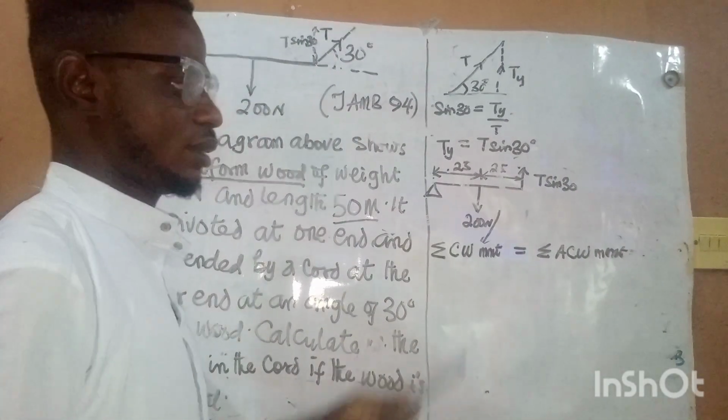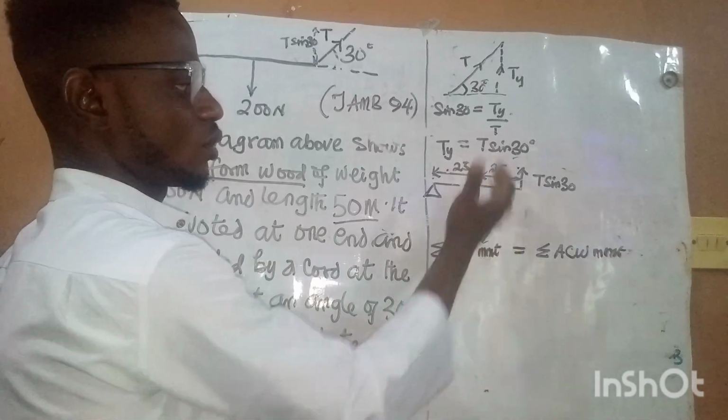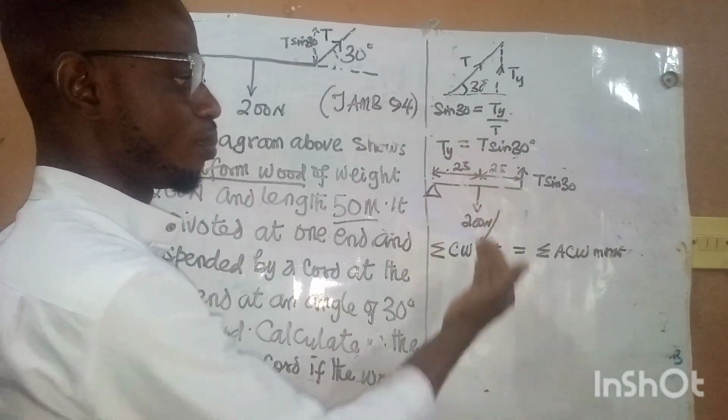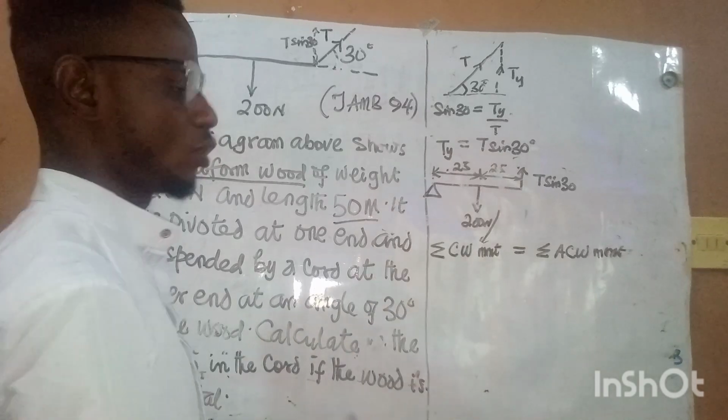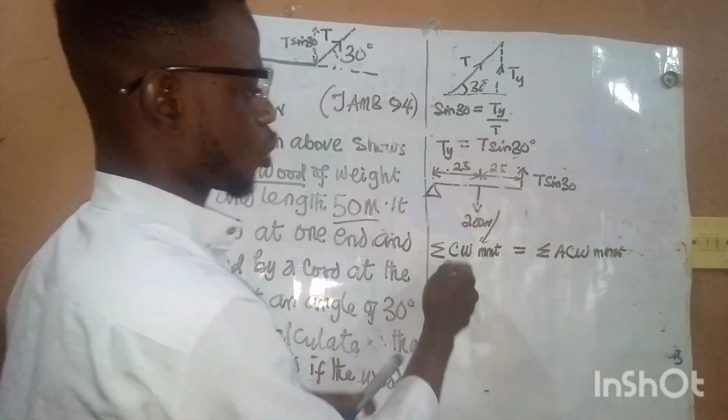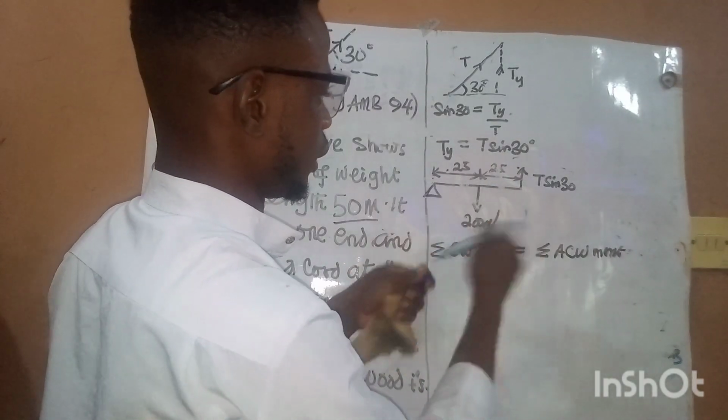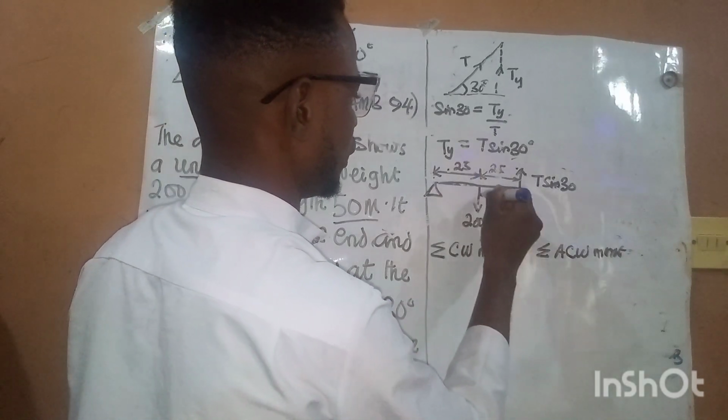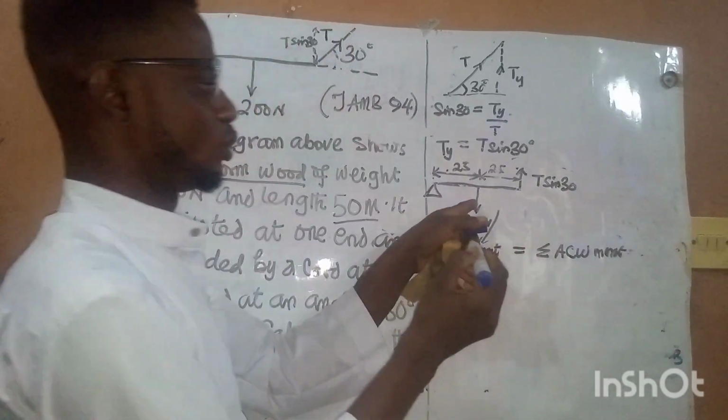And the moment is the force times perpendicular distance from the force to the point of pivot. Clockwise moment is seen in the 200 Newton force.